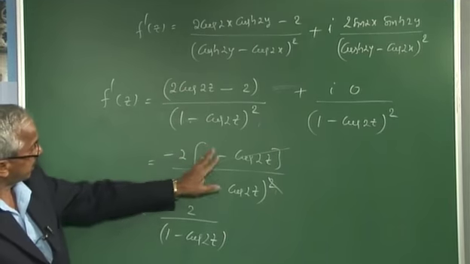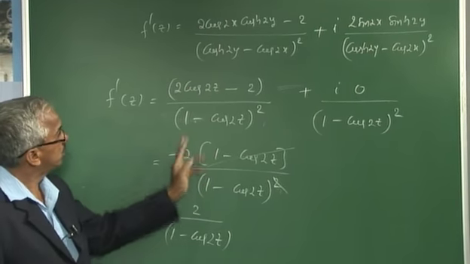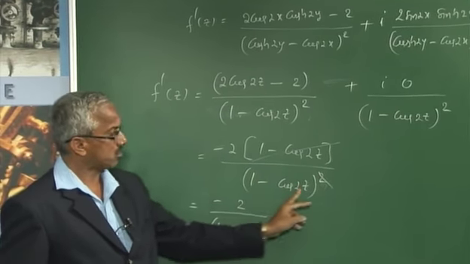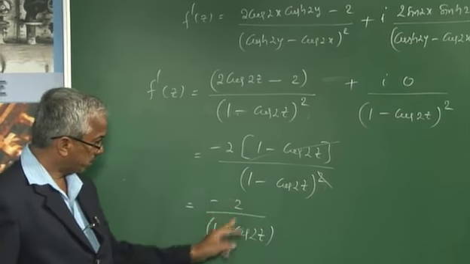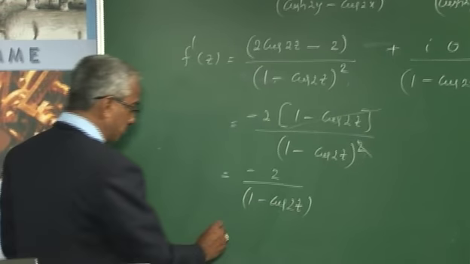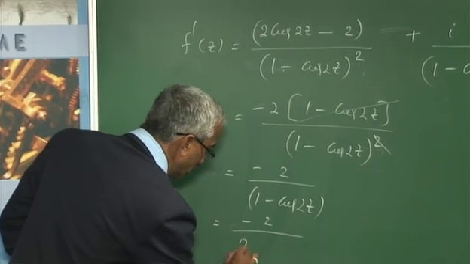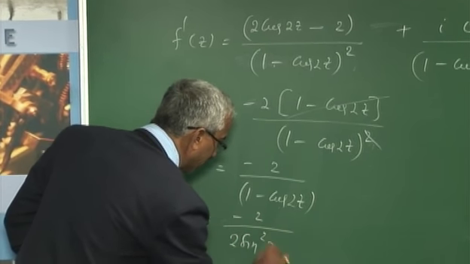Just by taking minus 2 common, I got 1 minus cos 2z and 1 minus cos 2z whole squared, and therefore minus 2 divided by 1 minus cos 2z.